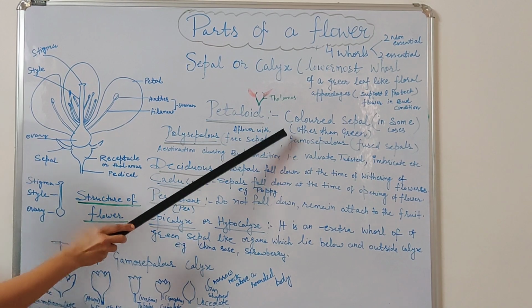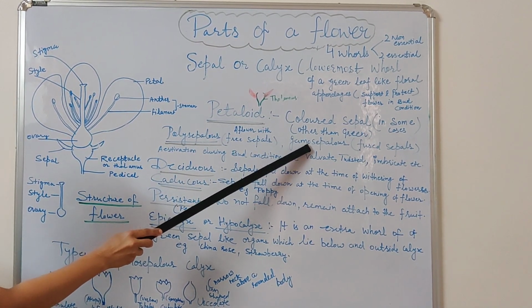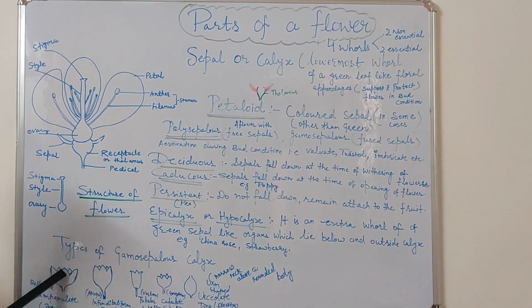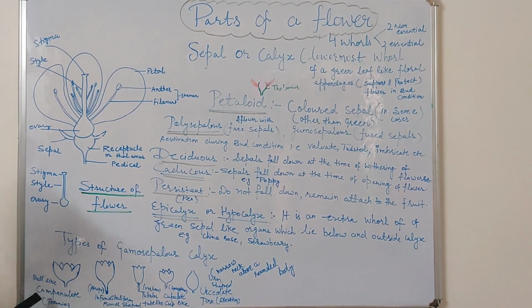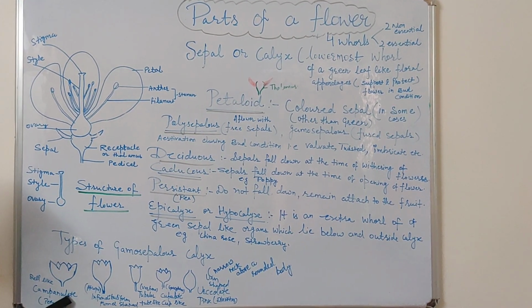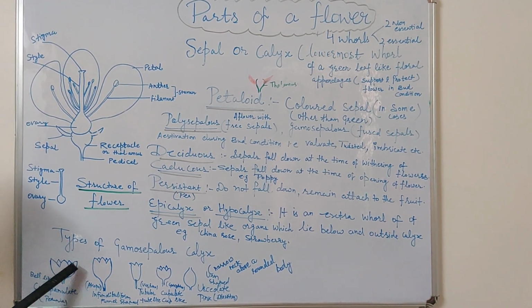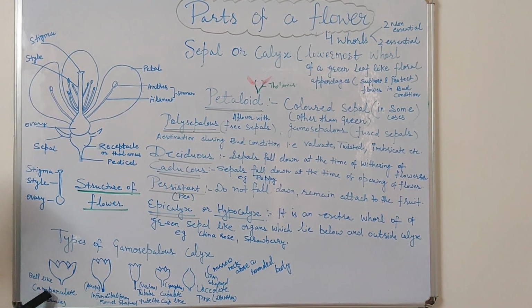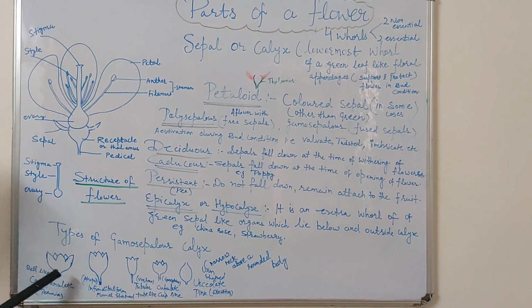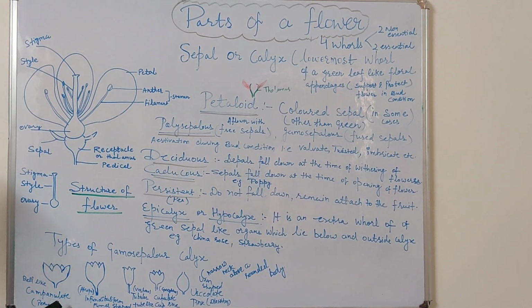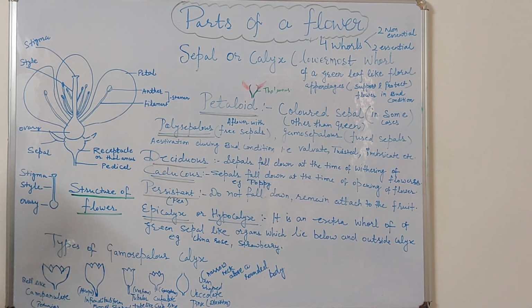Gamosepalous calyx has the following types. Campanulate, when the calyx is in the form of a bell, bell-like; an example of campanulate calyx is petunia.